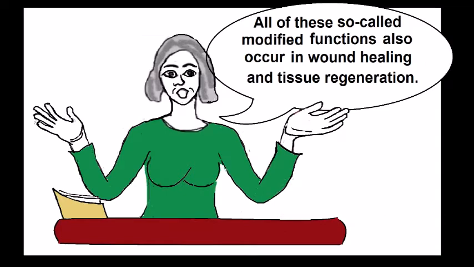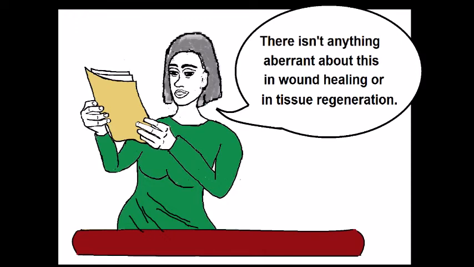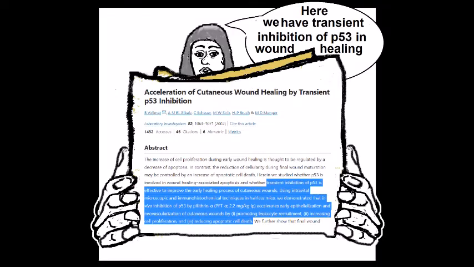All of these so-called modified functions also occur in wound healing and tissue regeneration. There isn't anything aberrant about this in wound healing or tissue regeneration. Here we have transient inhibition of p53 in wound healing.